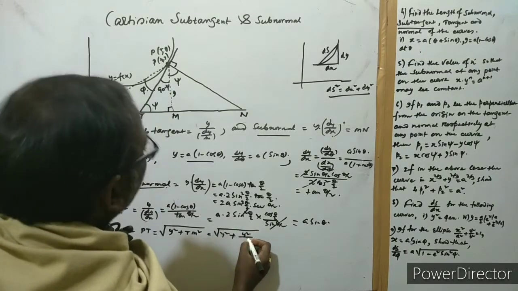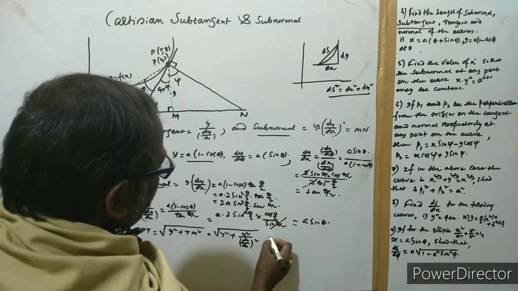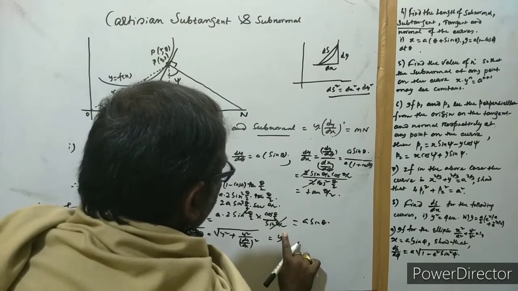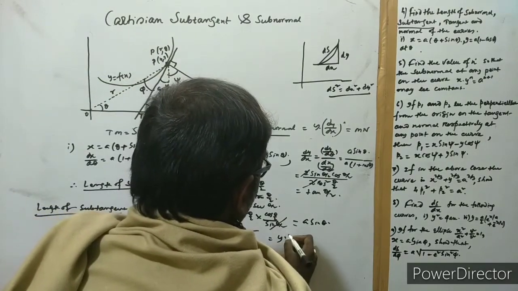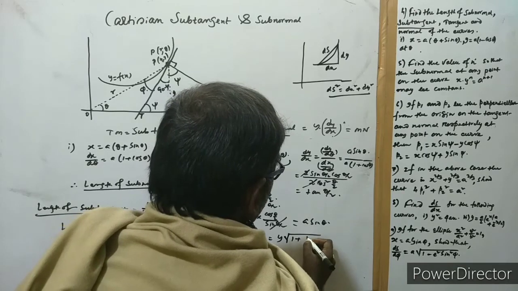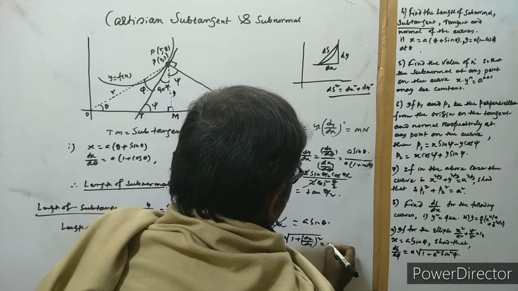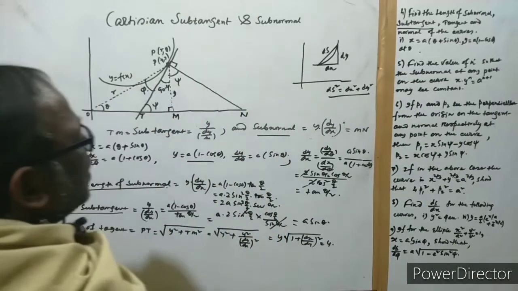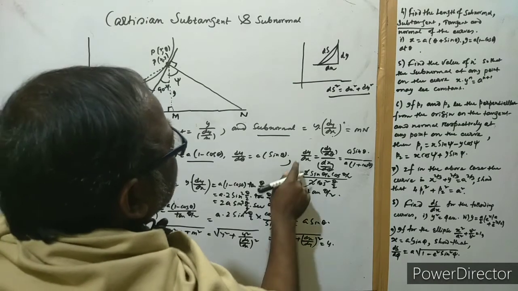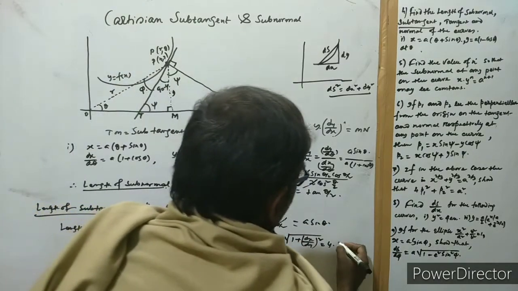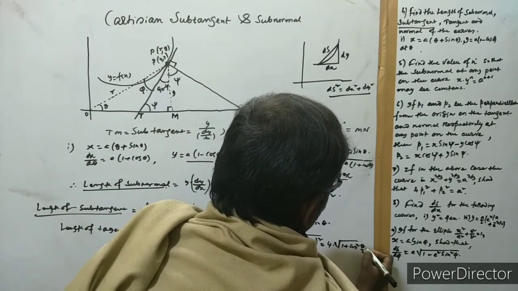This is y square plus y square by dy by dx whole square. Taking y common, this is y into root over 1 plus dx by dy whole square, that is y into root over 1 plus cot square theta by 2.